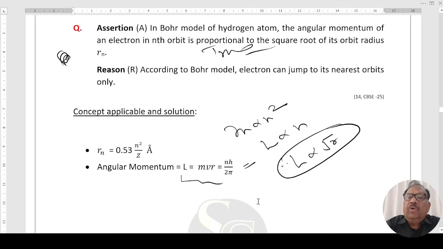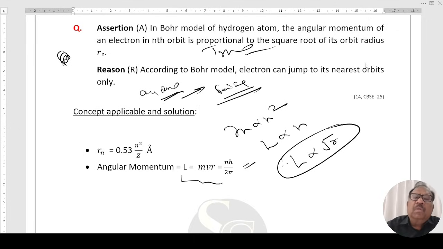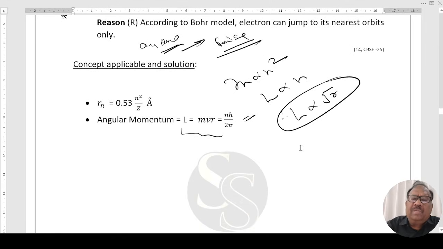According to Bohr model, an electron can jump to any orbit depending on the energy level. It can jump to any one. So this is false, not only to its nearest orbit. So we can choose the correct answer.